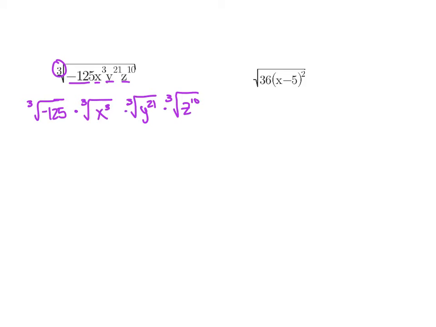The cube root of negative 125. Well, what number times itself 3 times gives you negative 125? That's a perfect cube. You should be thinking negative 5.